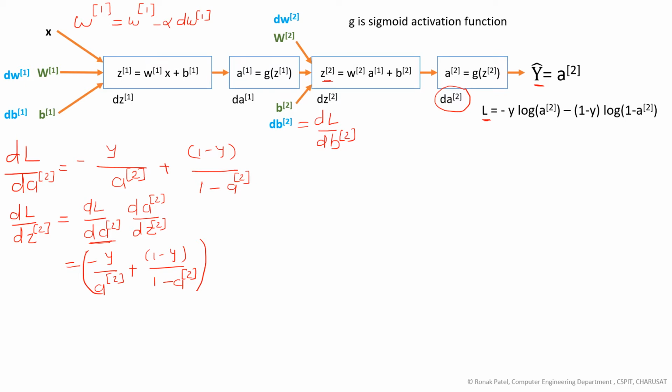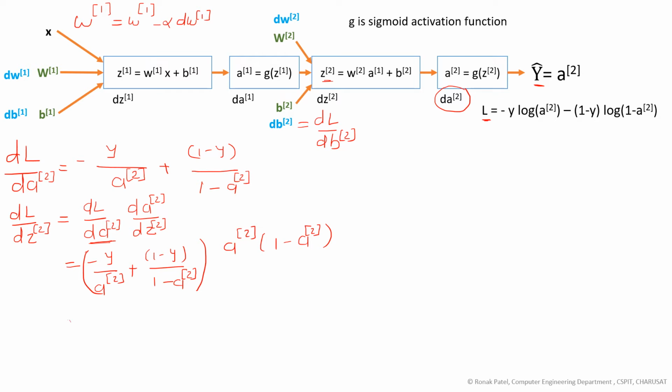So here the activation function is a2, so if I need to write in that form, then the derivative will be a2 into 1 minus a2. So this is the derivative of your activation function with respect to z2, right?